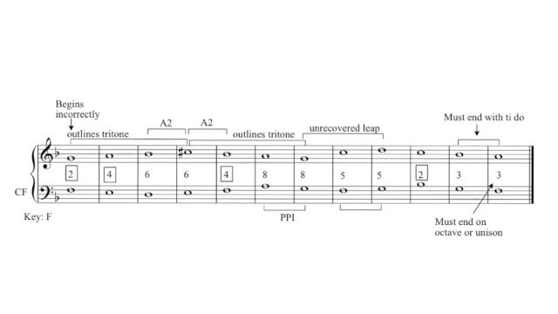So here's the solution. Take a second to pause it and take a look. The dissonances are all in boxes here. Obviously the counterpoint example begins incorrectly, and a fourth is not permitted. There is a tritone outlined there at the beginning, and that C sharp is obviously not in the key.